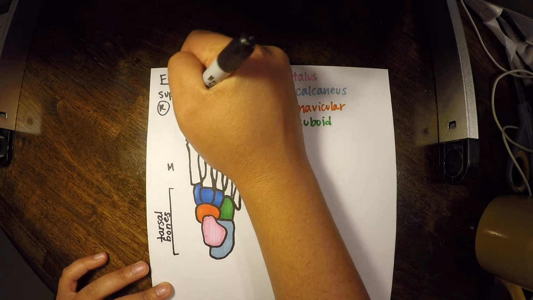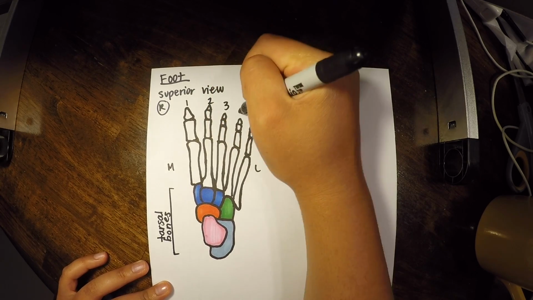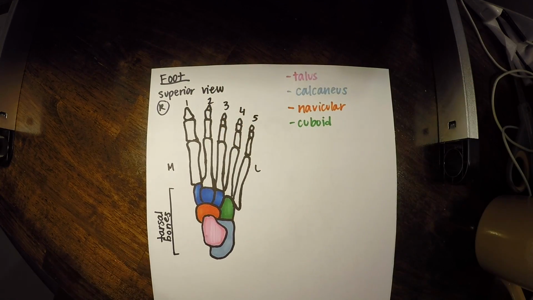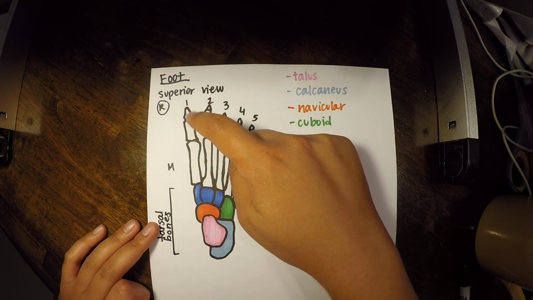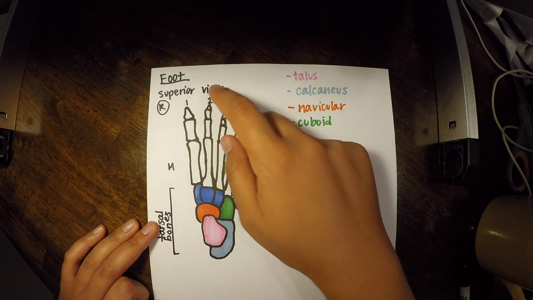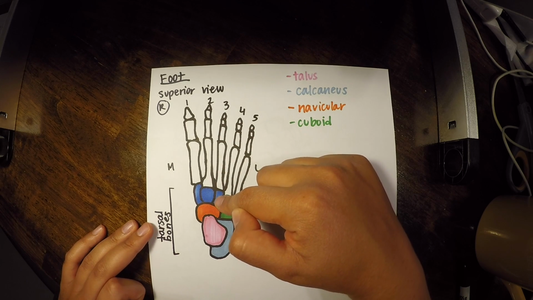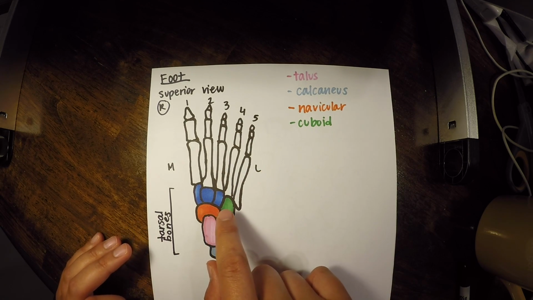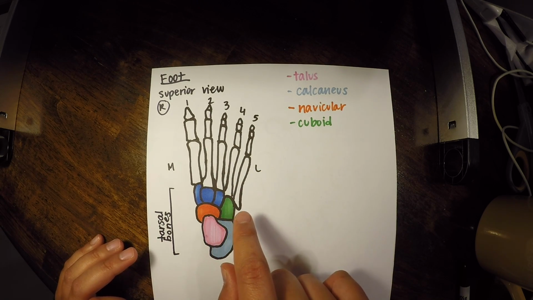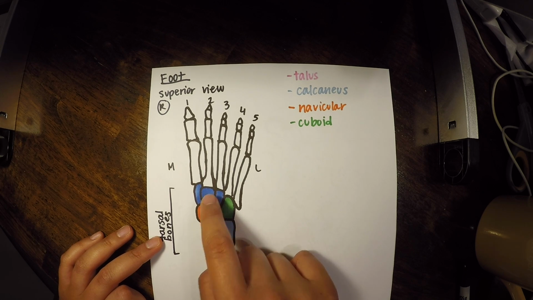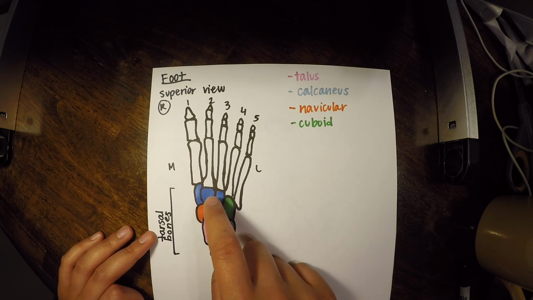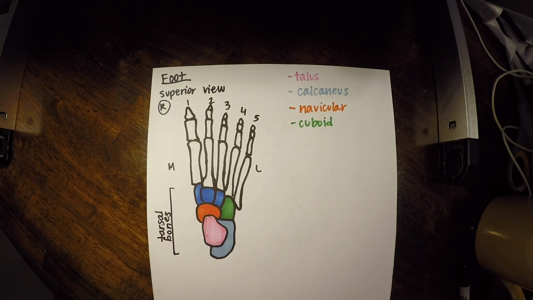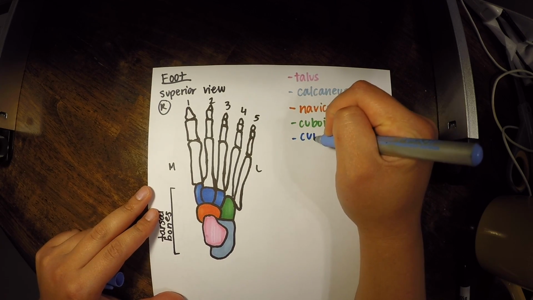So that's always going to be number 1, 2, 3, 4, 5. As you can see, if we follow our big toe down, this leads to number 1, this leads to number 2, and this leads to number 3. So for these cuneiform bones, sometimes they call it medial, middle, and lateral. But sometimes they'll call it the first, second, and third. So I'll write that down.